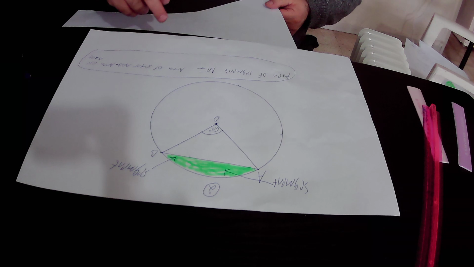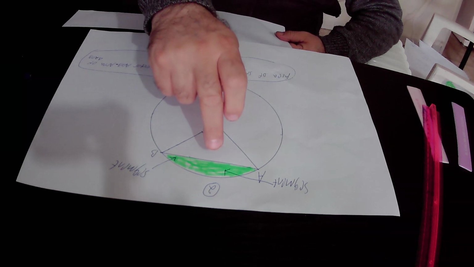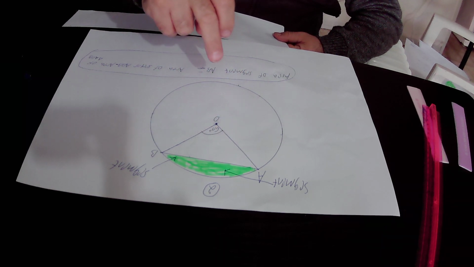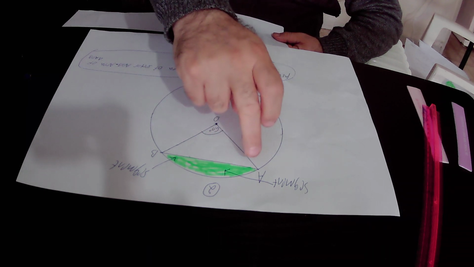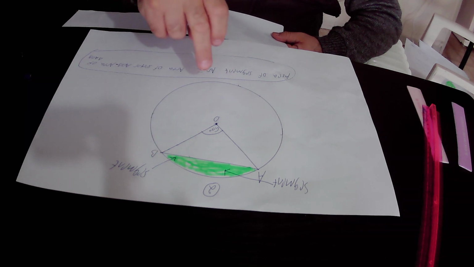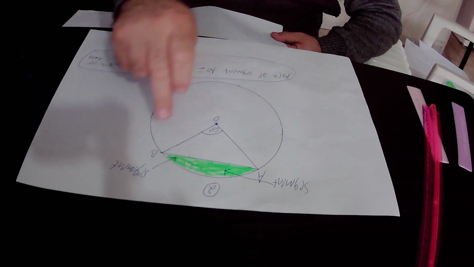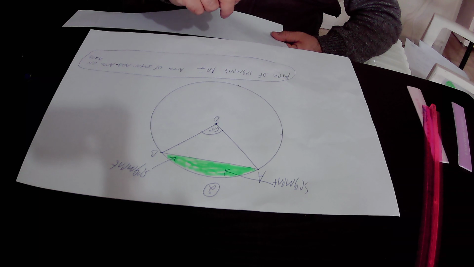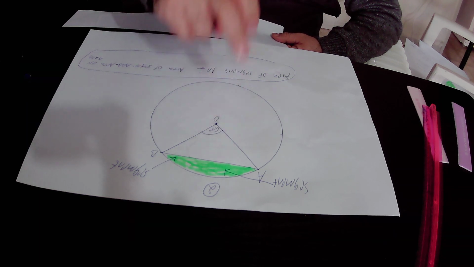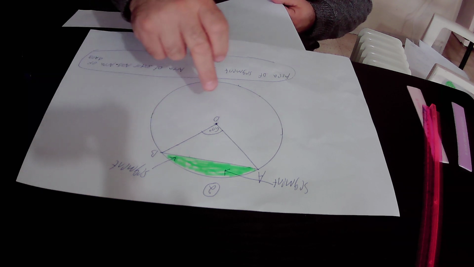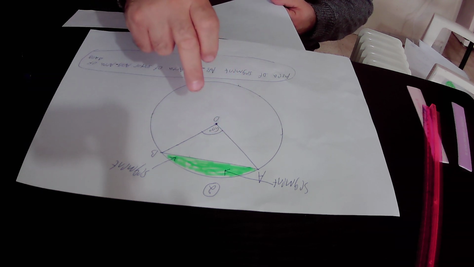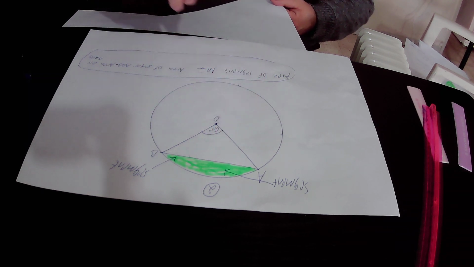The area of this segment AB is calculated according to the formula: the area of segment AB equals the area of sector AOB minus the area of triangle AOB.